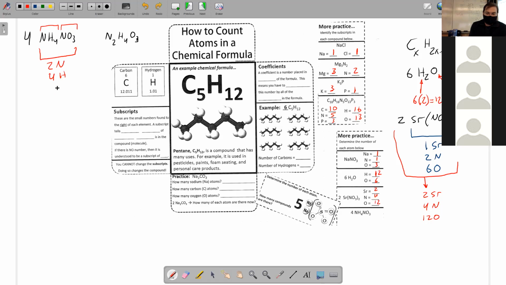So in just the compound itself, 2 nitrogens, 4 hydrogens, and 3 oxygens. But because there's a 4 out in front, meaning there are 4 ammonium nitrates, the 4 gets multiplied by all these numbers. So in the expression 4NH4NO3, there's a total of 8 nitrogens, 16 hydrogens, and 12 oxygens. That's the total number of atoms altogether.